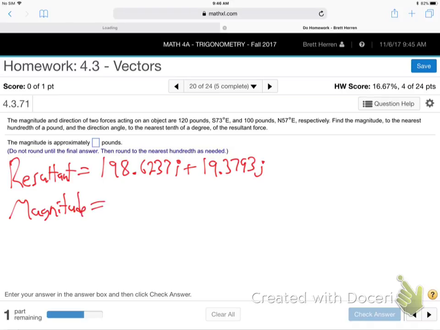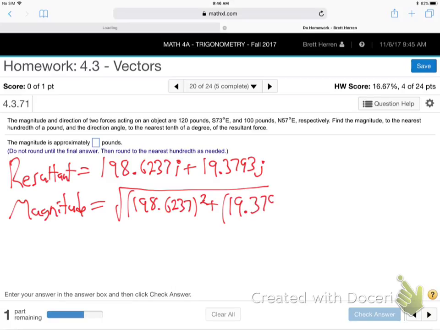Because that's the sideways and the vertical, but really, how much force is it? What's the magnitude? So it's the square root of 198.6237 squared plus 19.3793 squared. So use your calculator. Here you can round to just two places. This will be our answer. So we don't need to worry about more places now.